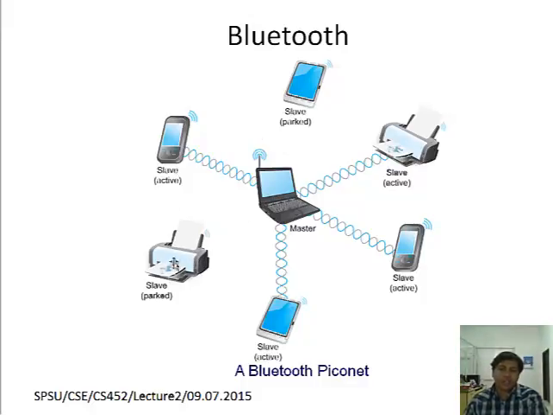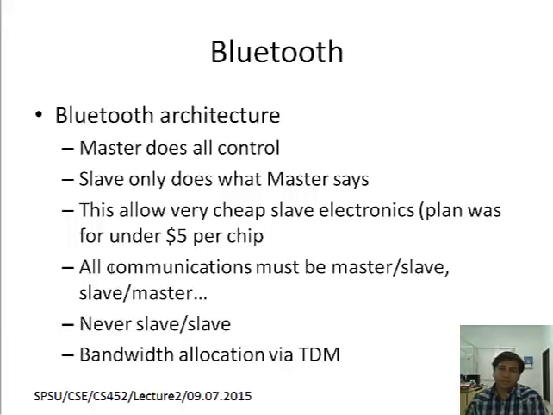Now if this device is trying to get connected, since this master is not occupied by all 7 Bluetooth slaves, it can still create a connection with this master. So this slave has to send a request to the master, and then pairing and other things can be done. In Bluetooth architecture, the master does all the control, and a slave can only be connected with the master.